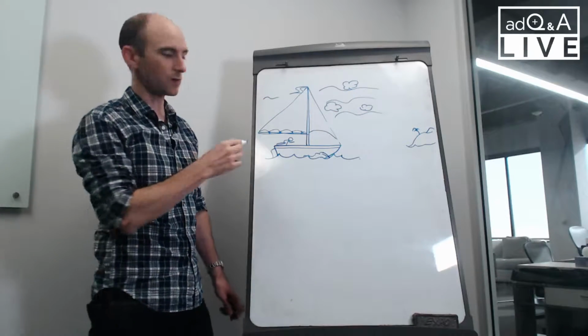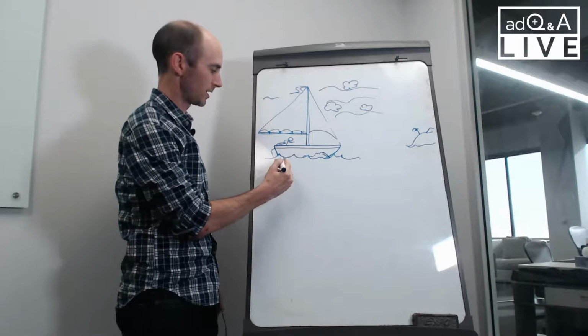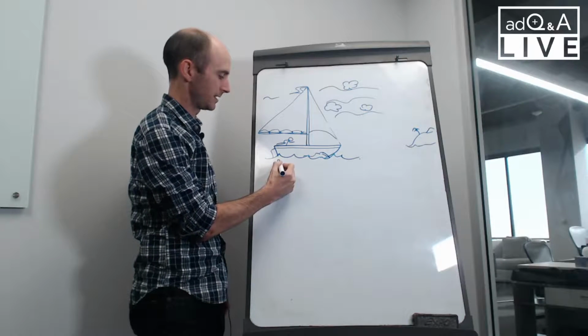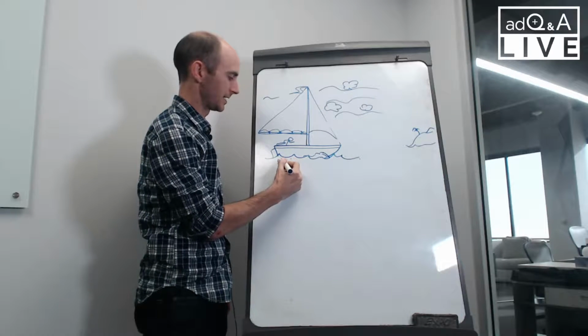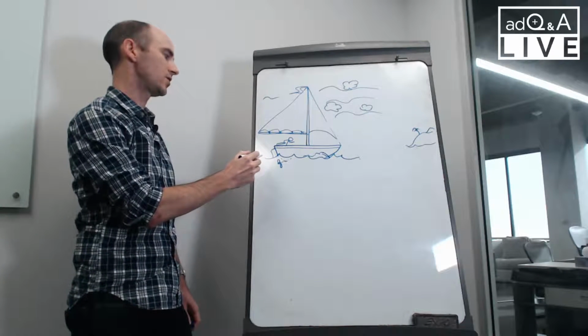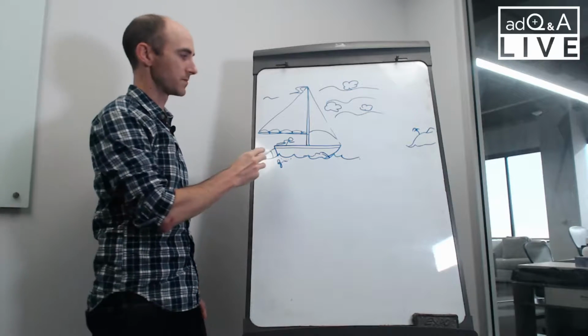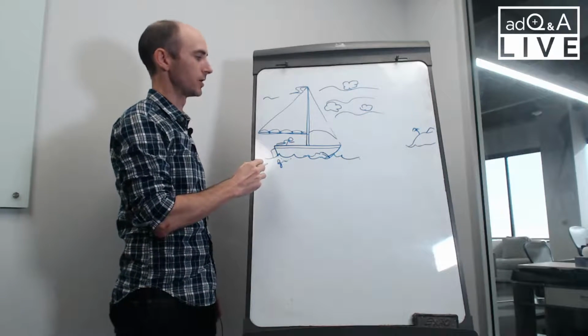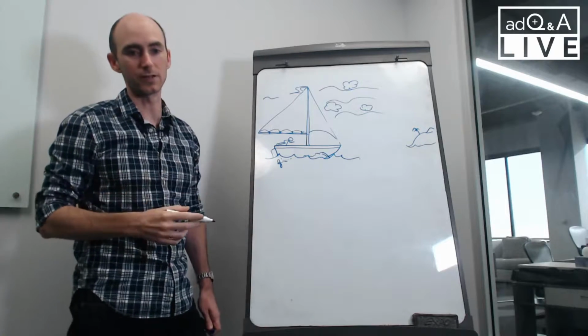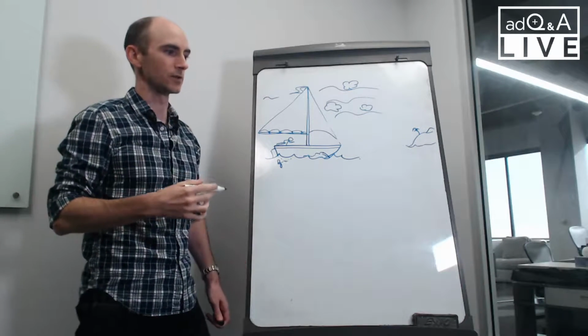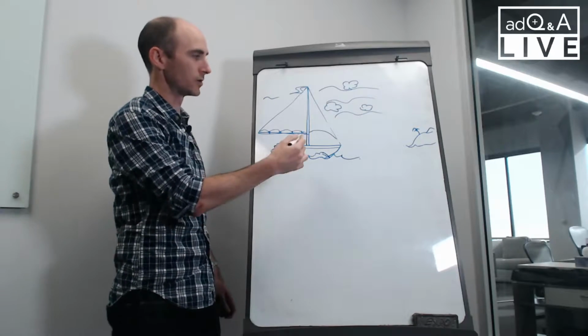Now, let's also pretend, if we could see under the water line, that you actually do have a motor. There may be times where you need to turn on the motor because maybe the wind dies, or when you're getting out of the harbor you're too closed off from the wind and you need the motor to get out on the open water.